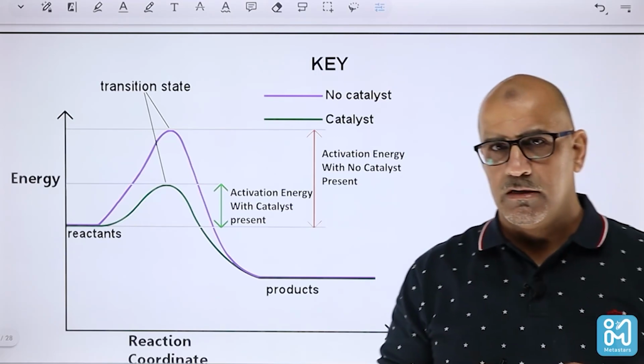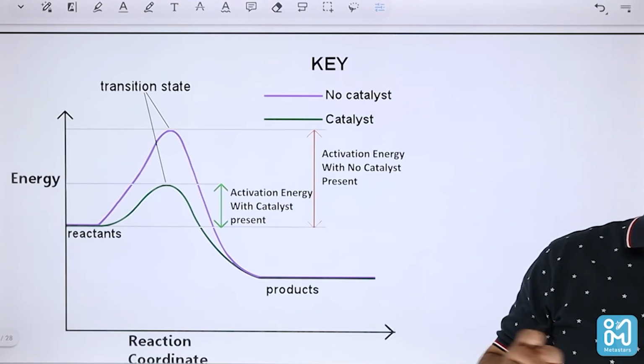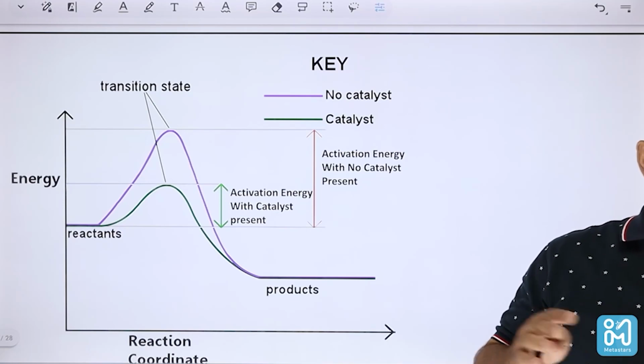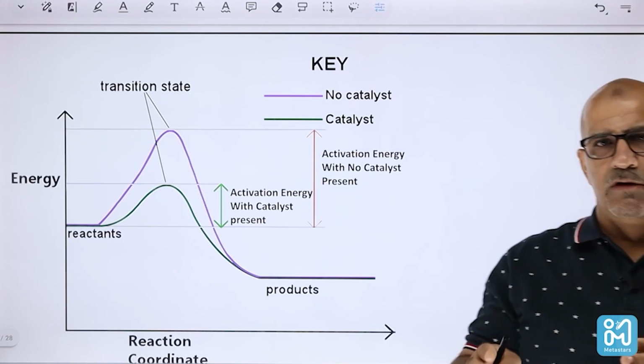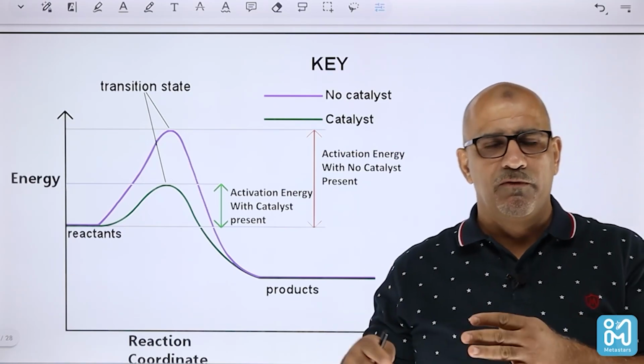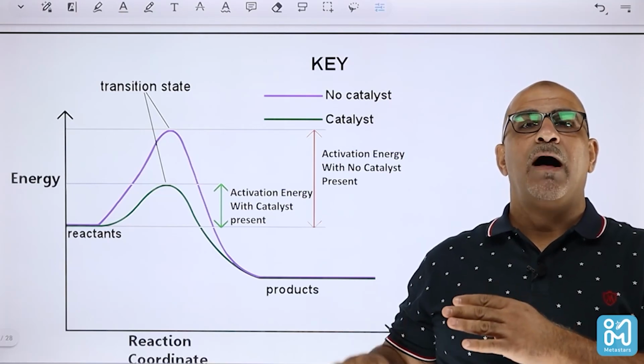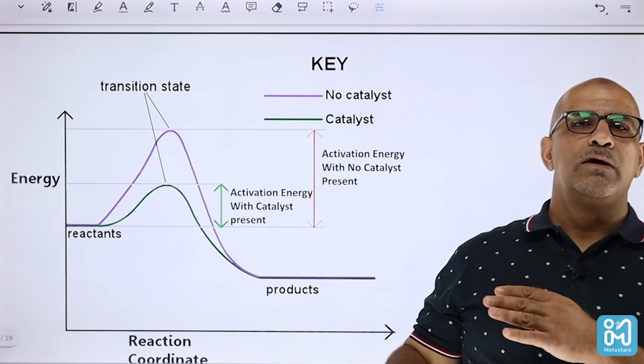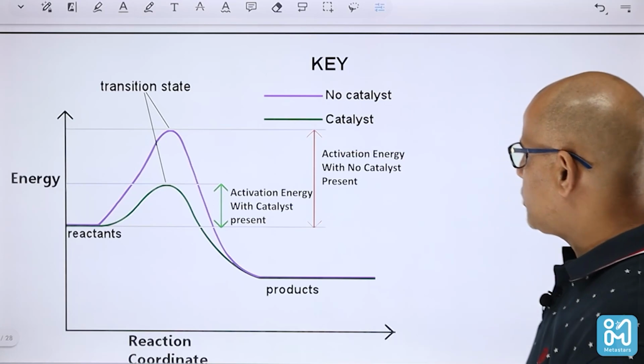The catalyst plays a role on the activation energy. It will provide an alternative pathway or route for the chemical reaction by lowering its activation energy.